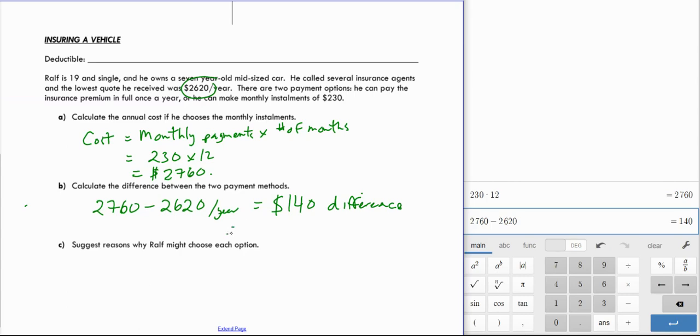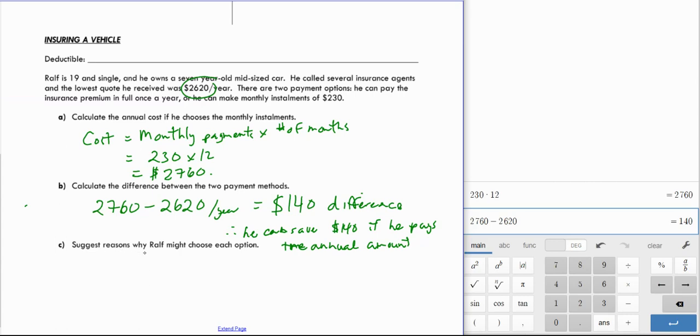So therefore, he can save $140 if he pays the annual amount one time a year.